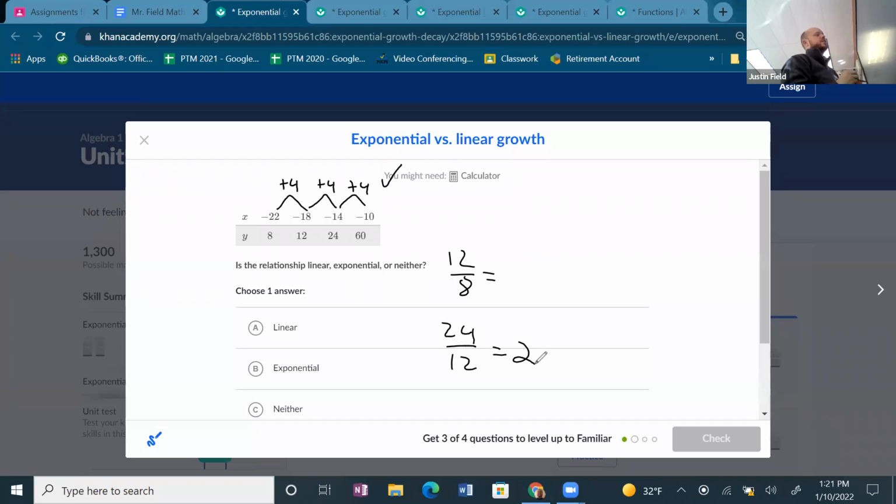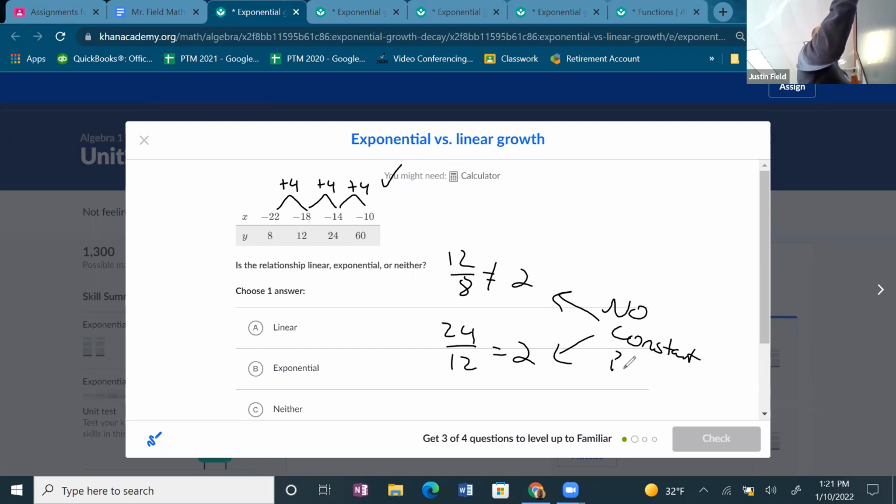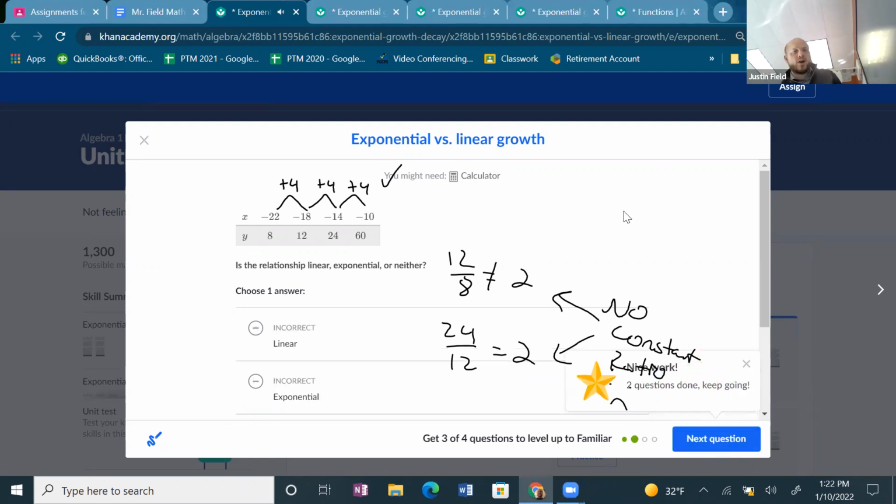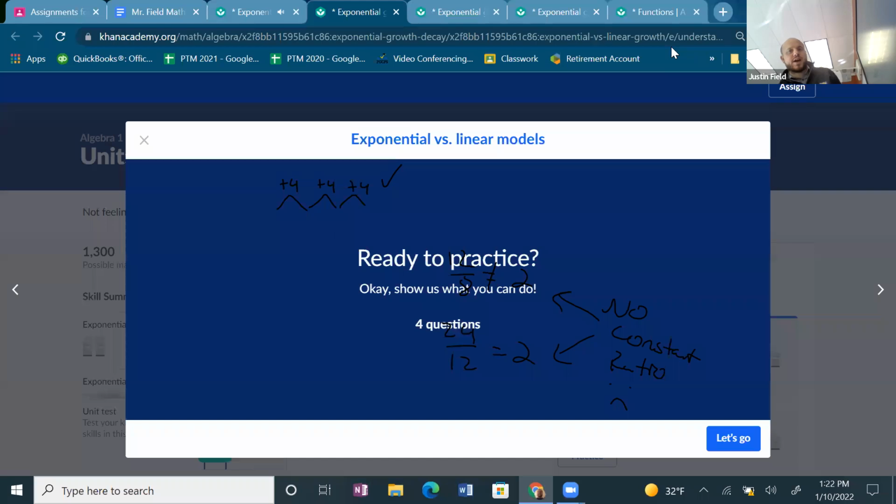It should be 16 for it to be 2. This is not equal to 2. So we do not have a constant ratio. So sad, so sad. So this one is going to be neither. All right, so there's a good starter for that one.